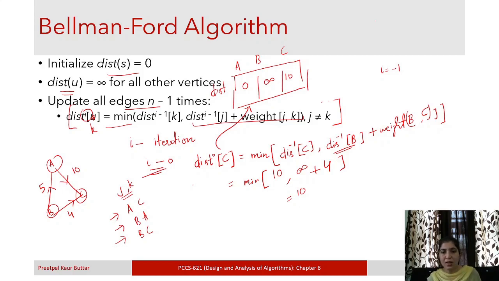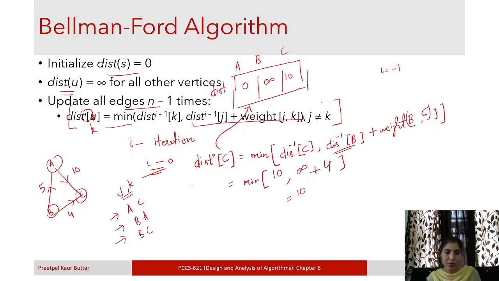0th iteration means when there were direct connections between the source and the destination. Okay, so now we have solved the subproblems in which there was a direct edge. What were the shortest paths when there was a direct edge, right?